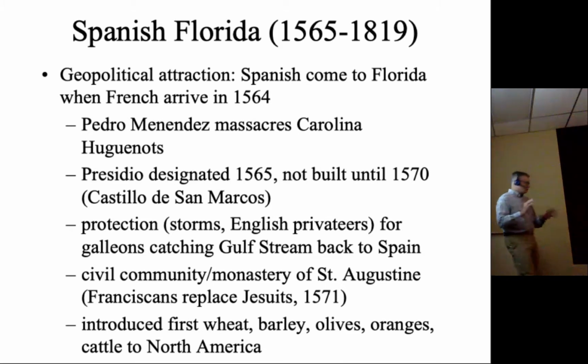The Caribbean islands were producing sugar, and sugar was, in large part, the money-making drug of the 16th century. So the Spanish were protecting the sugar colonies, but they were also protecting the gold shipments that were coming out of not just Mexico, but by the mid 1500s out of South America.